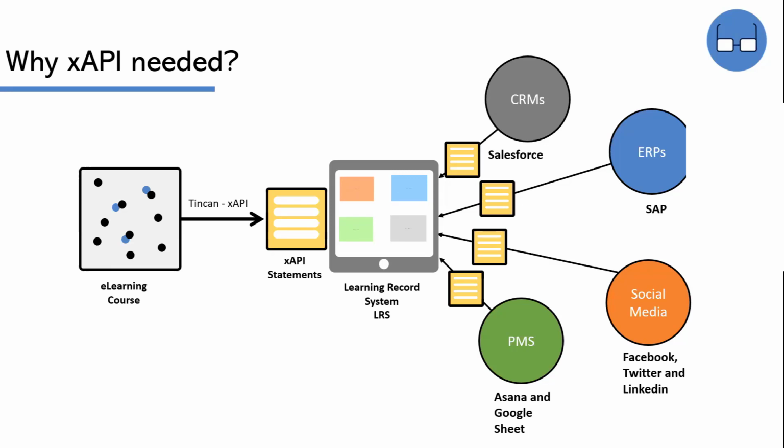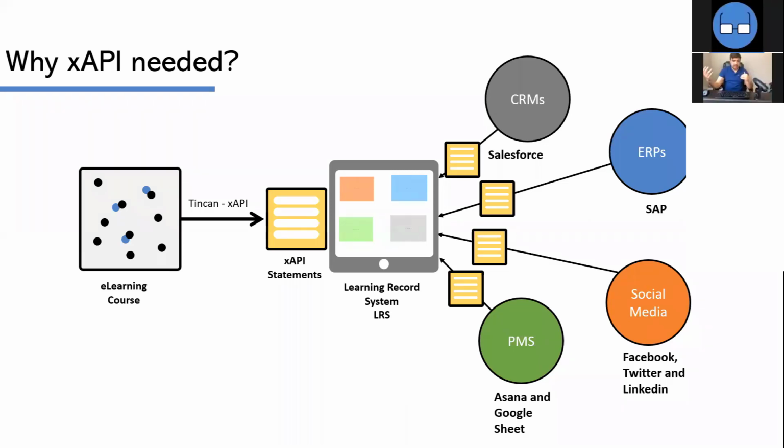SCORM course. When we upload a SCORM course in LMS, we get the data, and now we have another system. In the other system, what we normally do is we grab the data from there, take that data from LMS, and then start comparing it. LRS does it by itself, right? It will create a dashboard for you.